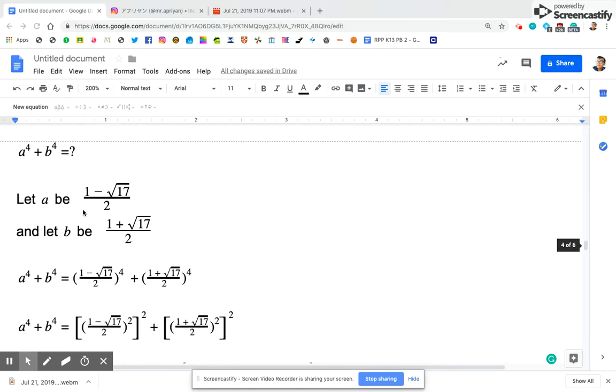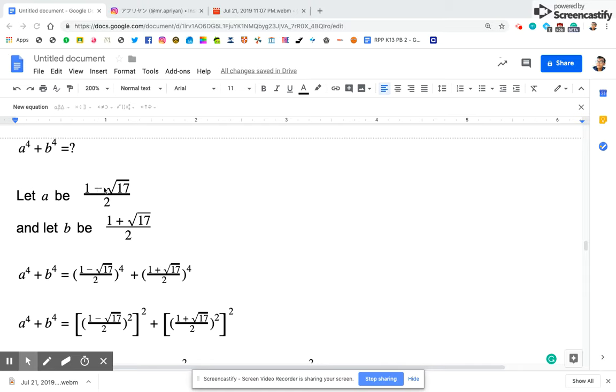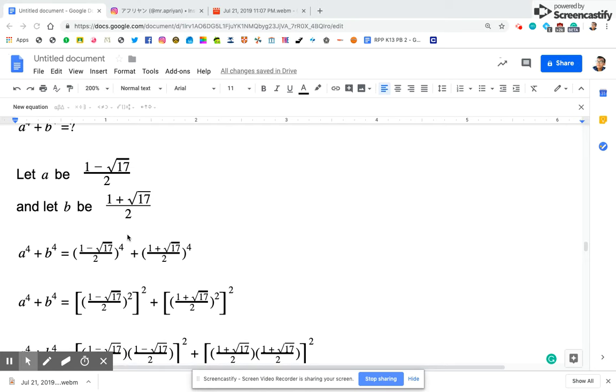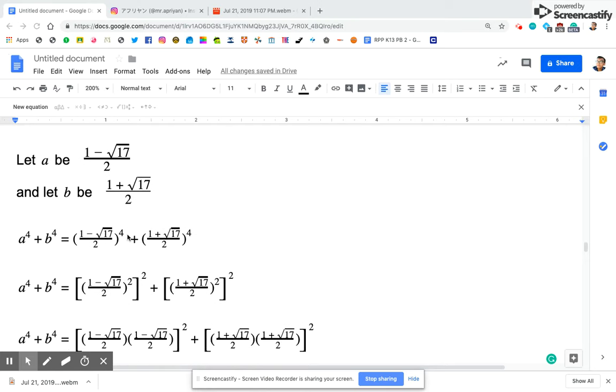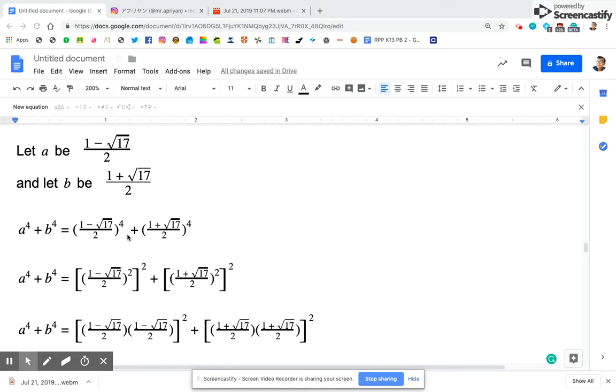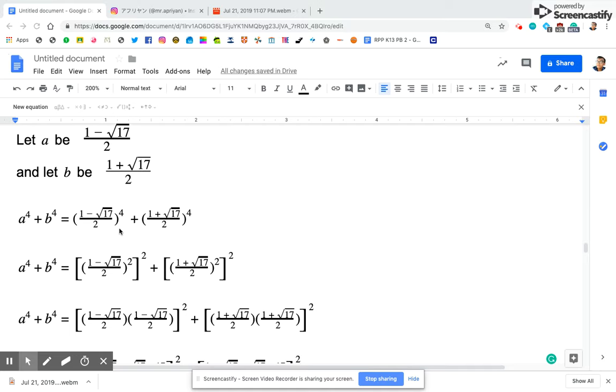Okay. So let A be 1 minus square root of 17 all over 2 and B be 1 plus square root of 17 over 2. Now we are dealing with numbers and fractions and radicals, or surds. I just replaced the A by this one here and B by this one over here.